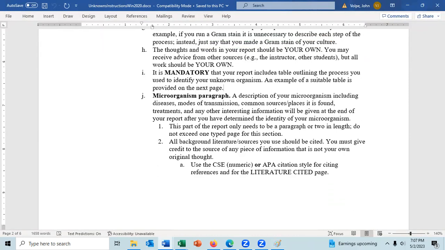Don't use Wikipedia as a source, but you can get the information and then use it and then just give other sources. So you do need at least 1 paragraph discussing the microorganism you've identified, and you should cite where you got the information about your organism.